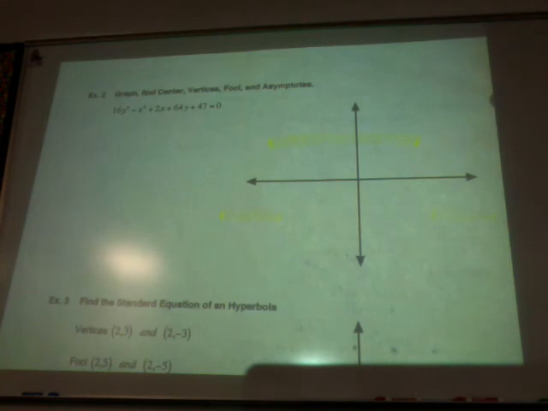We have to actually put it in standard form, correct? So you go ahead and put it in standard form, bearing in mind you're going to have a negative. I'll be doing it up here while you're doing it at your seats.